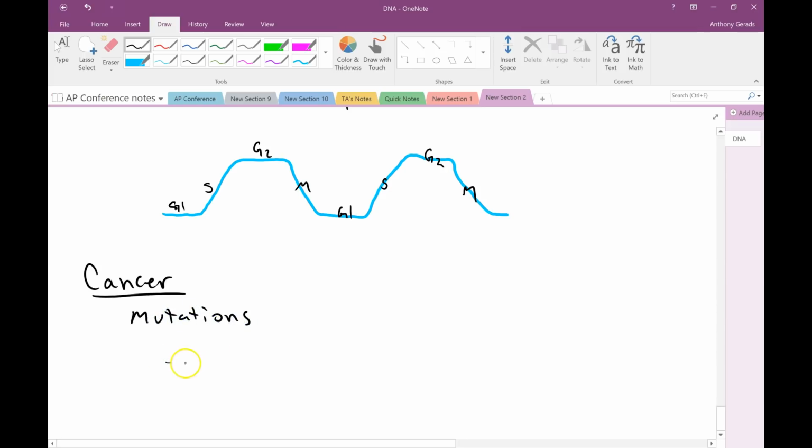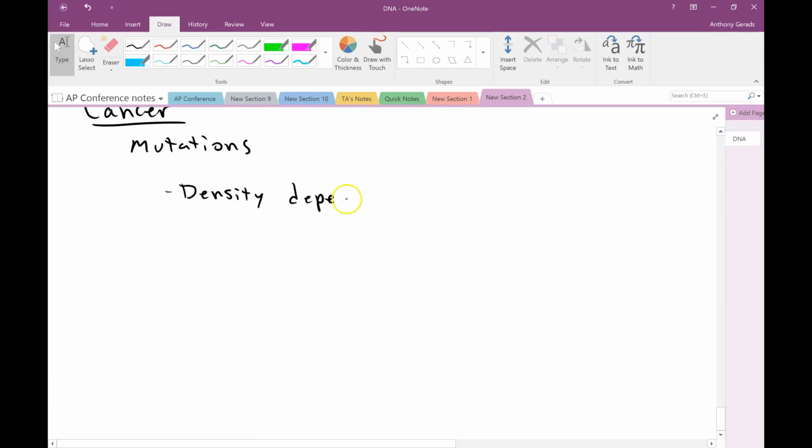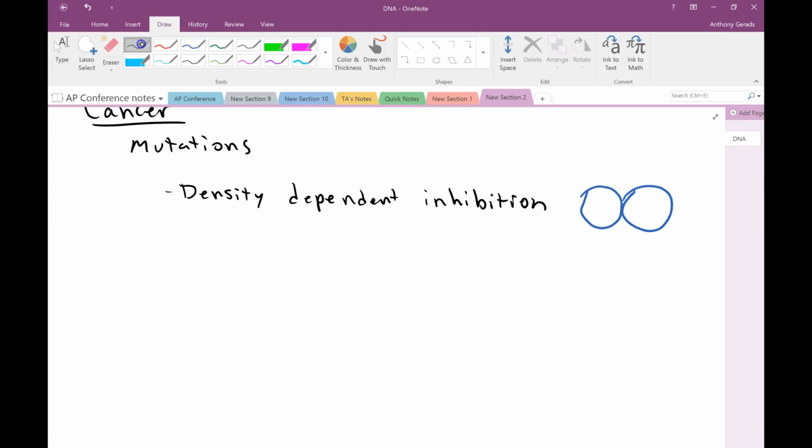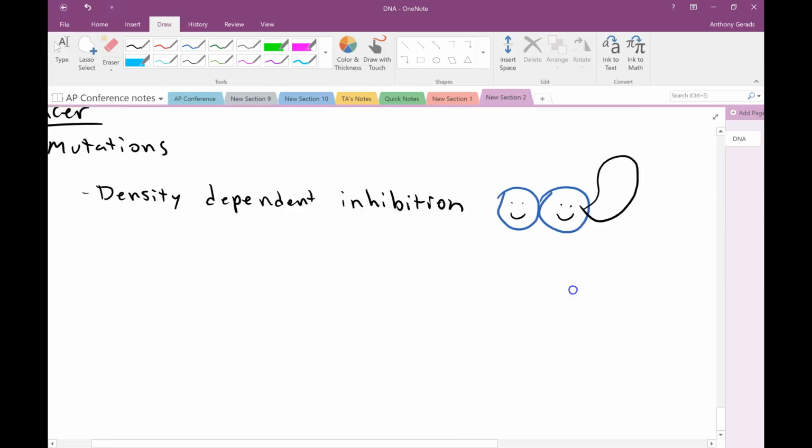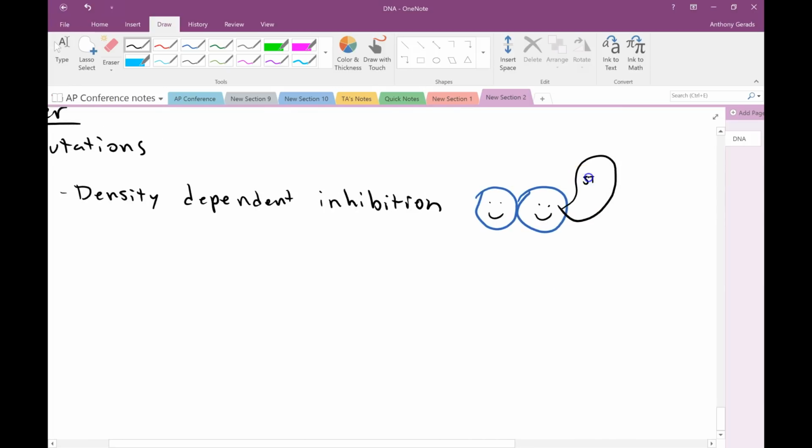And there's normally something called density-dependent inhibition. Meaning, if I've got two cells, and these two are right here, they touch each other, so it tells it, stop.